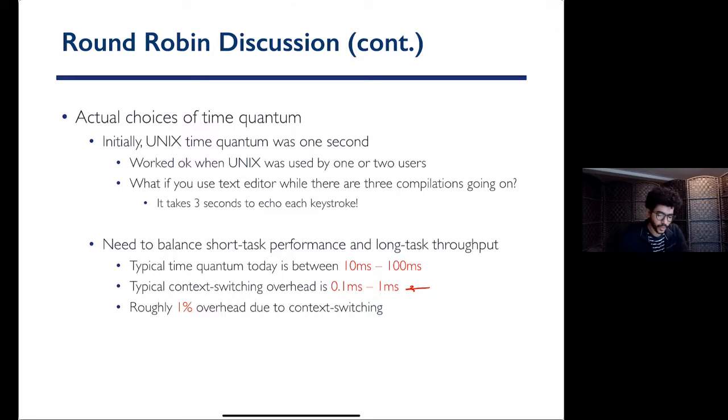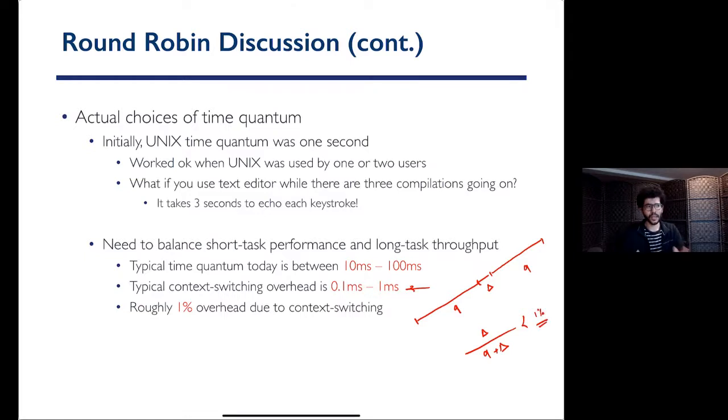If you're going to run for Q and then spend a delta time for context switching before running another Q, then you want delta divided by Q plus delta to be less than, let's say, 1% or something like that, right?